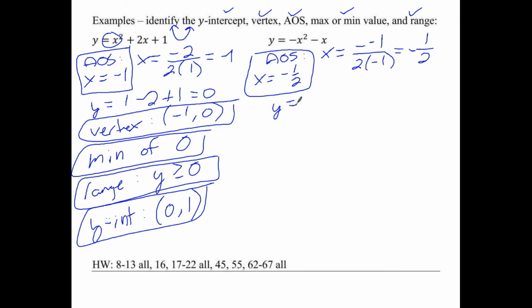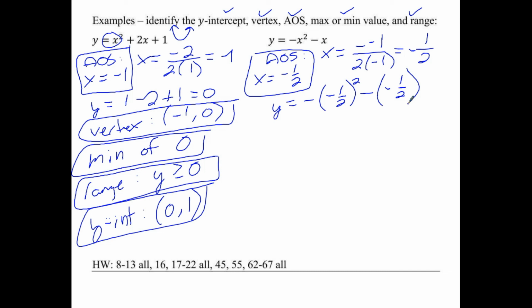So I'm writing down negative, then in parentheses, I'm substituting negative 1/2 squared. Then I'm writing minus. Then in parentheses, I'm writing negative 1/2. When you substitute, use parentheses.